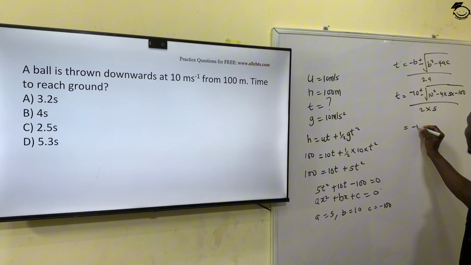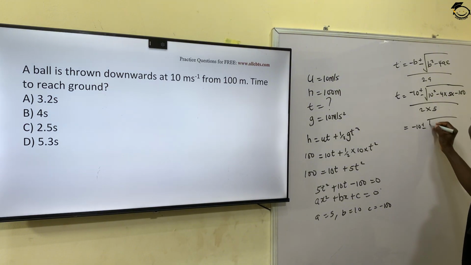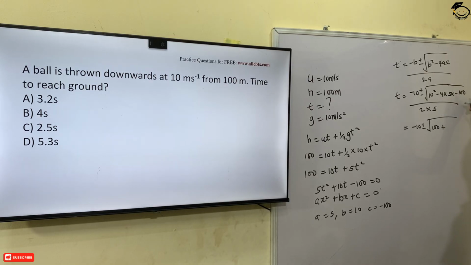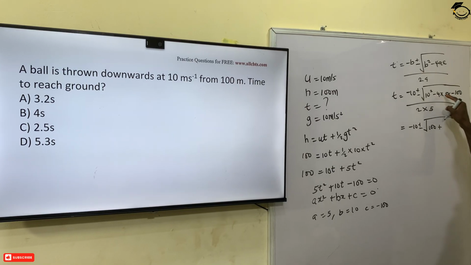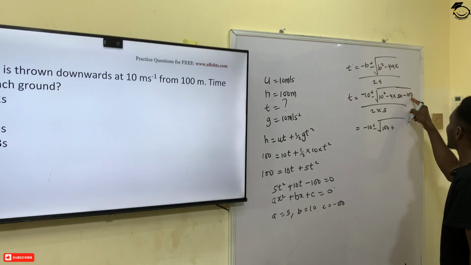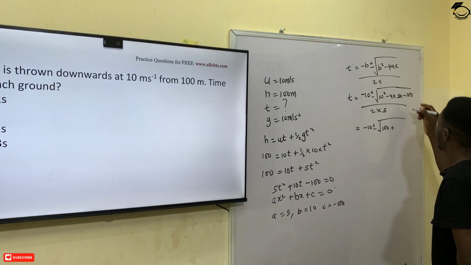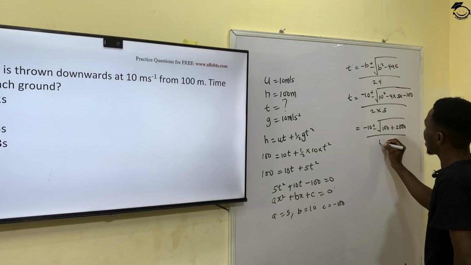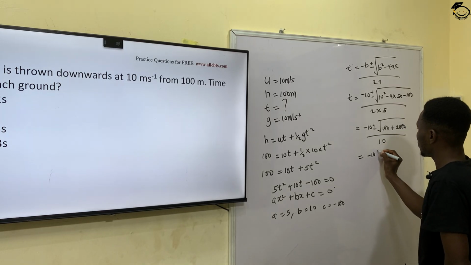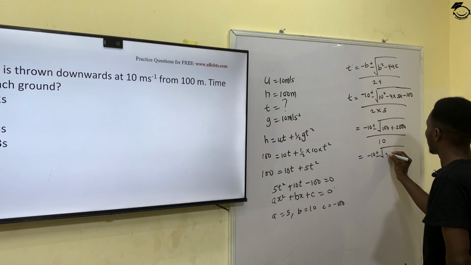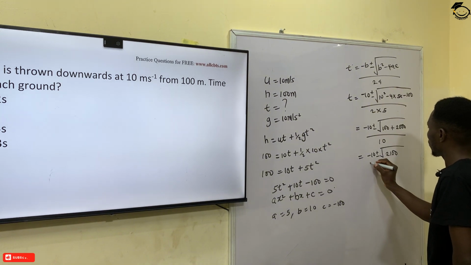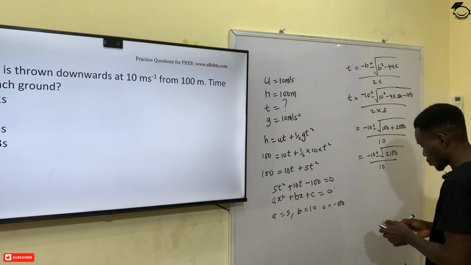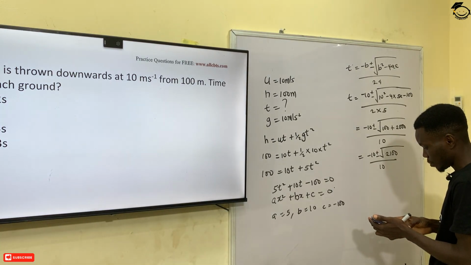So this will give me minus 10 plus or minus square root of 100 plus, since minus times minus will make it plus, 20 times 100 here will give me 2000. Divided by 10. So this will give me minus 10 plus or minus square root of 2100 over 10.